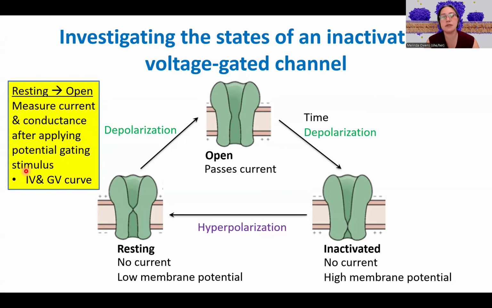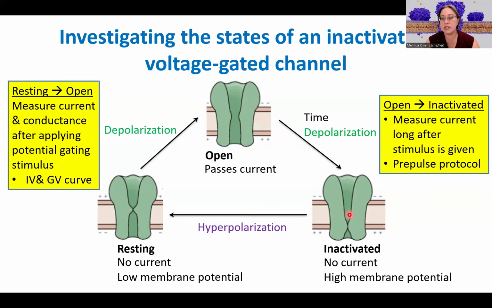That's previous videos. In this video, what we've added is how to investigate what a channel is doing going from the open to the inactivated state. So one thing is measuring current long after the stimulus is given, and the other is using this pre-pulse protocol, specifically to find the voltage dependence of inactivation.